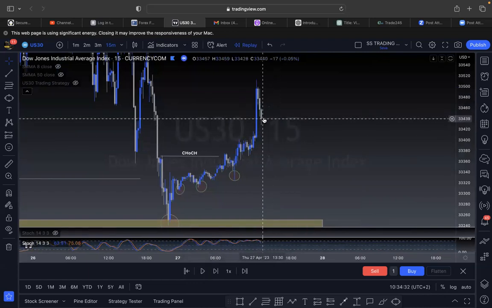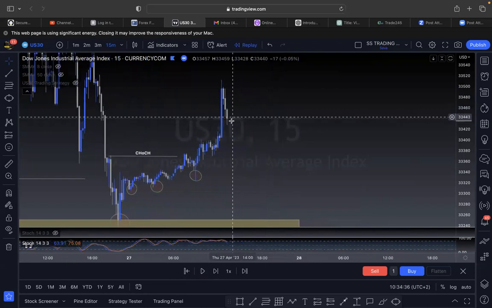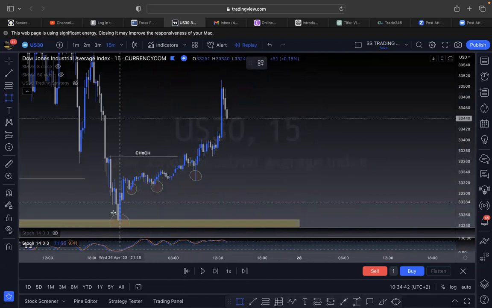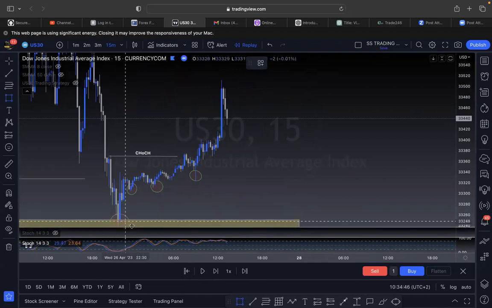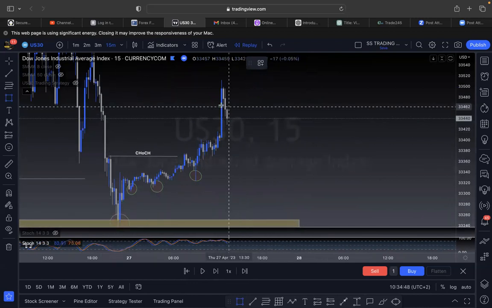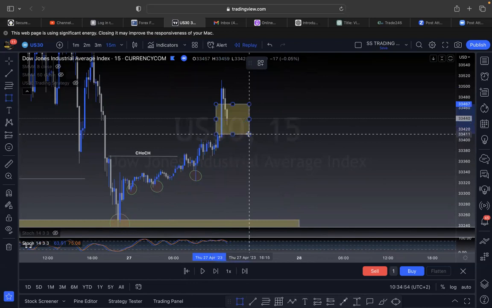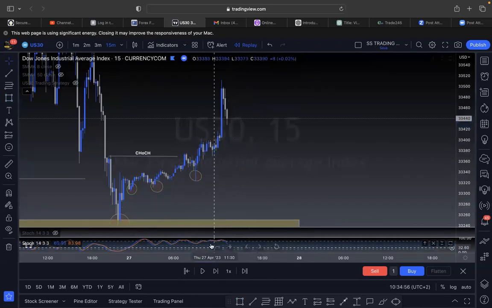It was around about this time where again we took the high and we tapped into that daily area of interest. So my next area of interest was here. We had this imbalanced area here, and we had this candlestick here.